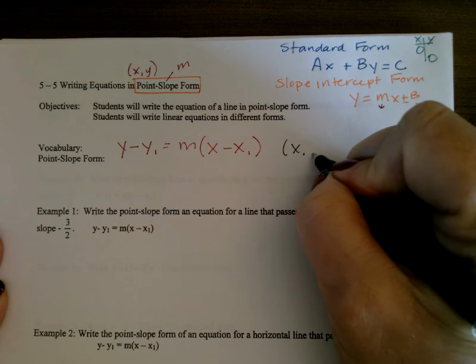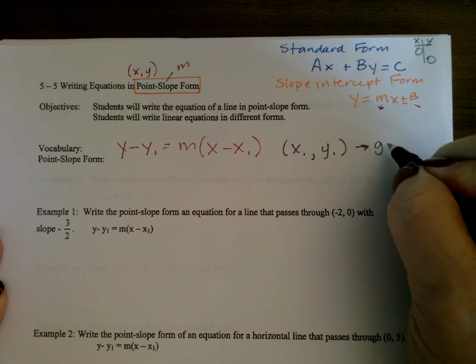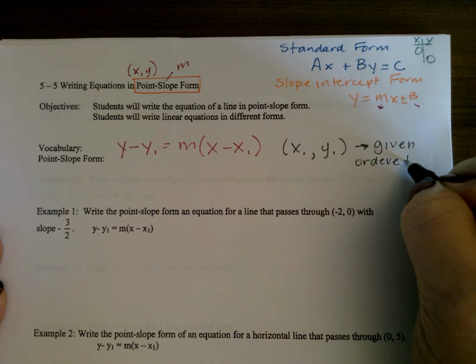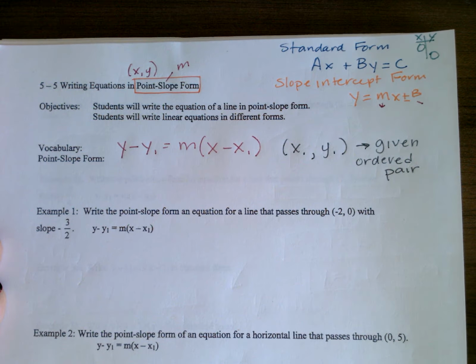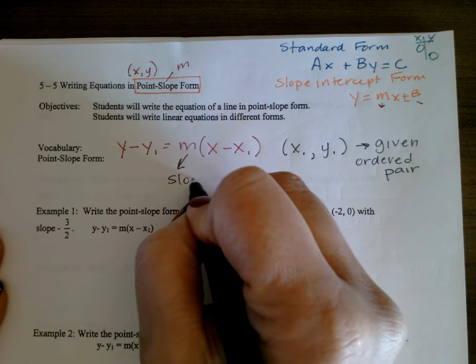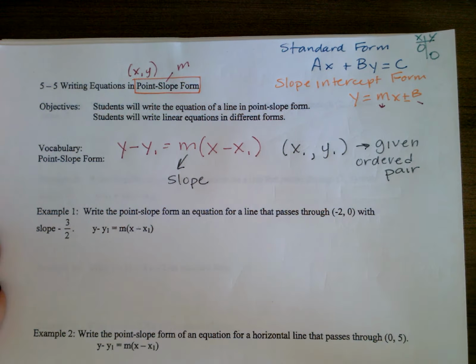The x1 and y1 are a given ordered pair on a line. M is your slope, the rate of change, the unit rate.